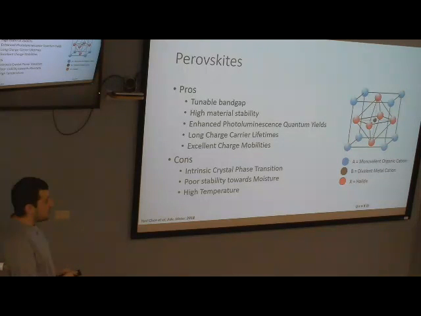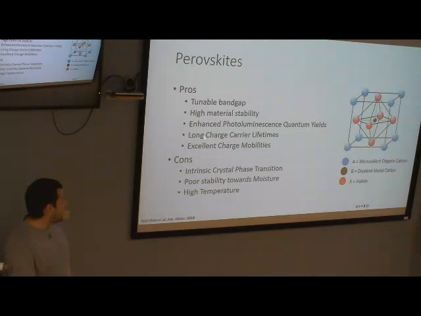Lead-based perovskites tend to be the better, most efficient ones at the moment. Well, X, you have a halide, so depending on what halide you choose, you have different properties. So this whole thing is just what a perovskite crystal lattice is.